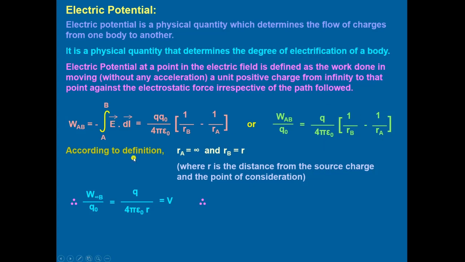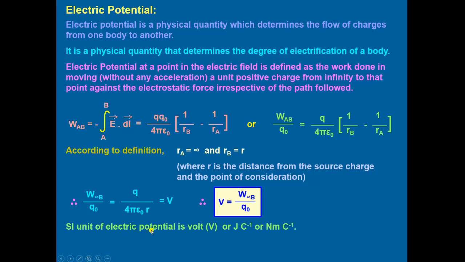Then this equation, both sides divided by q naught, becomes W from infinity to B divided by q naught equal to q divided by 4 pi epsilon naught r, which is equal to the potential V.